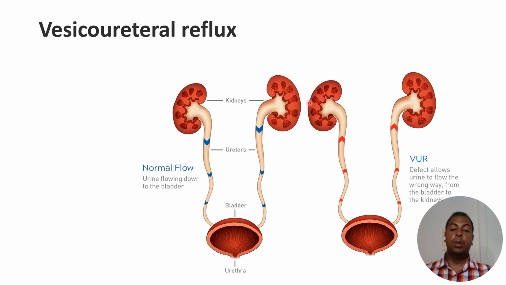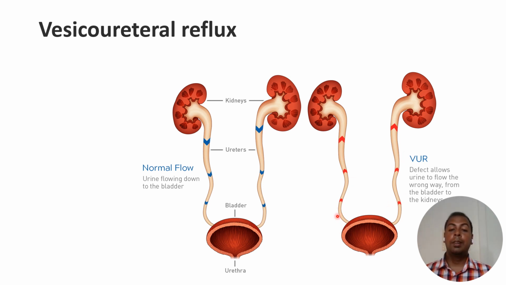So this is just a visual representation of vesico-ureteral reflux, where normally there should be a forward flow and a one-way valve should be present here. But in vesico-ureteral reflux, you would have an incompetent valve, and that would allow the backflow of urine from the bladder back into the ureters.